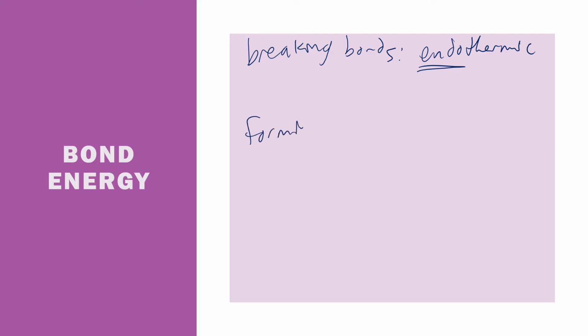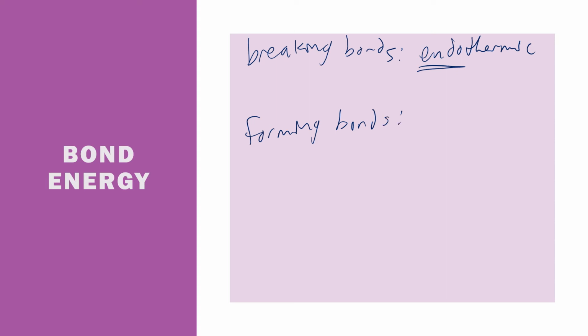So let's talk for a second about bond energy. Bond energy is the energy required when breaking a bond. So this is something I really need you to remember. Breaking bonds is endothermic. Endo means the heat has to go in, or the energy has to go in. It requires energy to break the bonds apart. If you form a new bond, that releases energy.